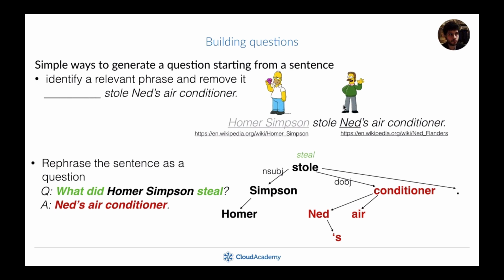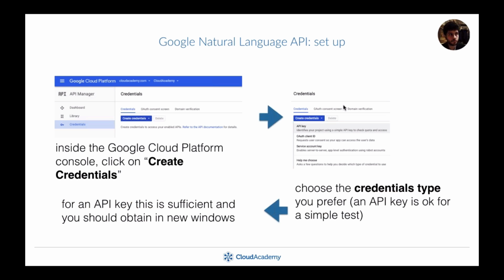First of all, we actually need nothing special if we want to just try out the demo that Roberto has just shown us. If you want to do that via API, you first have to create an account for the Google Cloud Platform, and from the console you can create credentials using the button that you can see here.